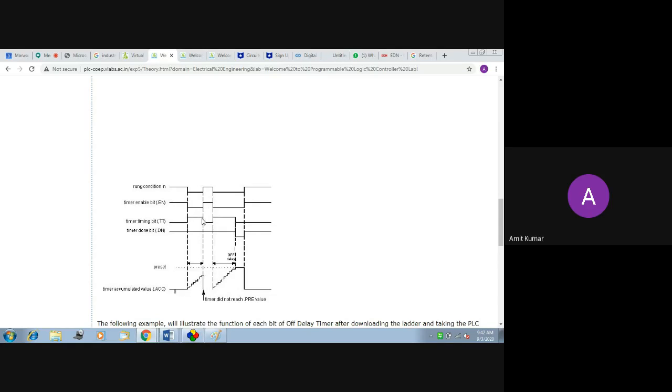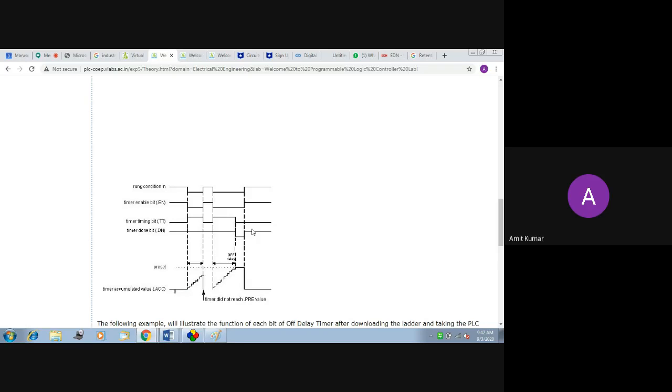After this, your run condition has become true, so the timer has been reset. Again the timer has been started and it goes up to this point. It has reached its preset value, so once it reaches its preset value, then the done bit goes low.